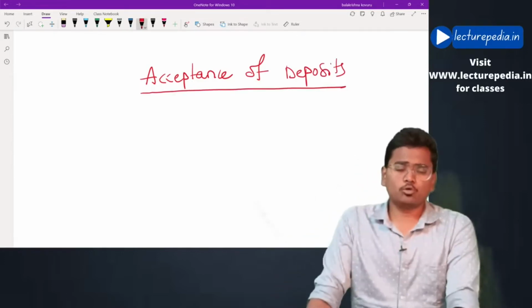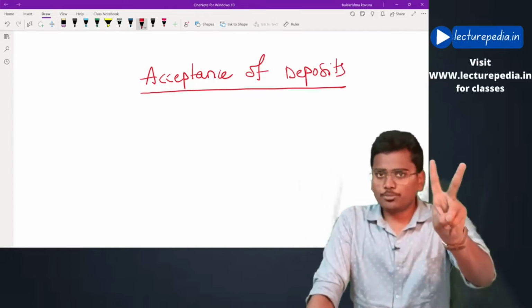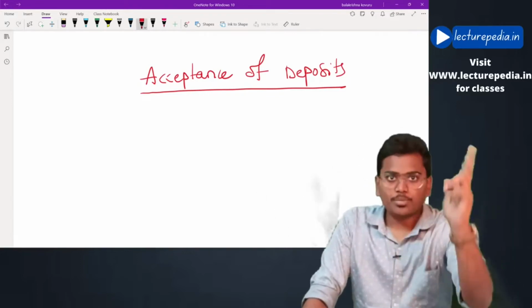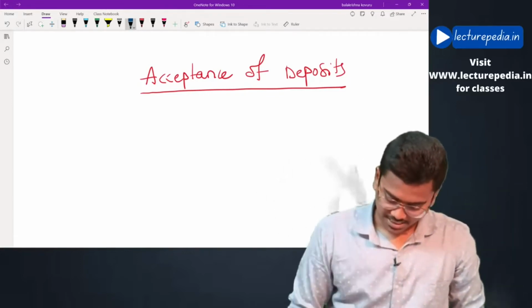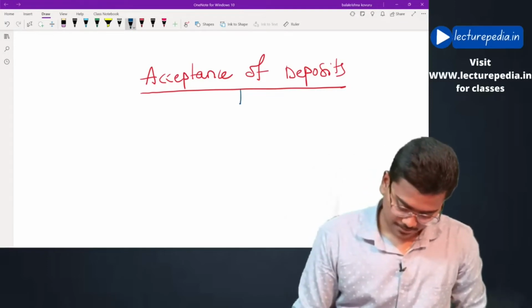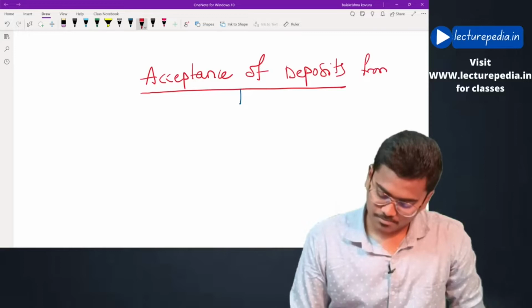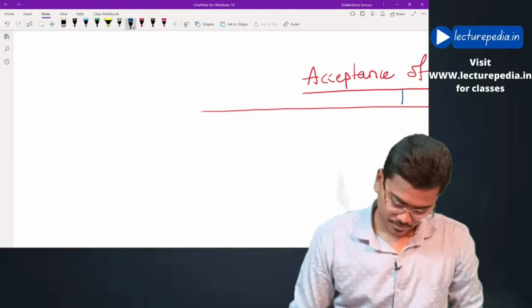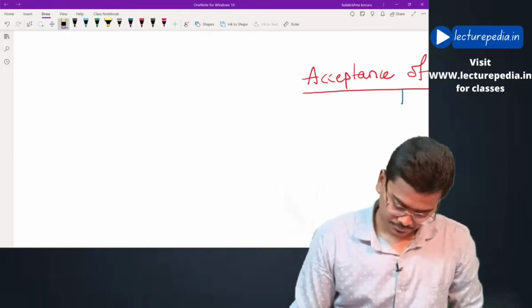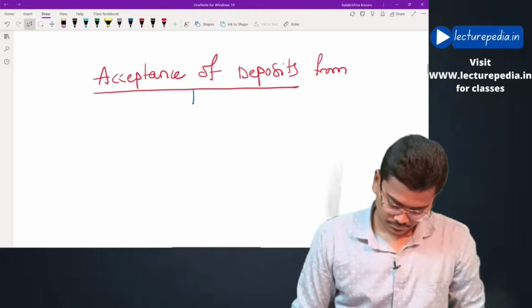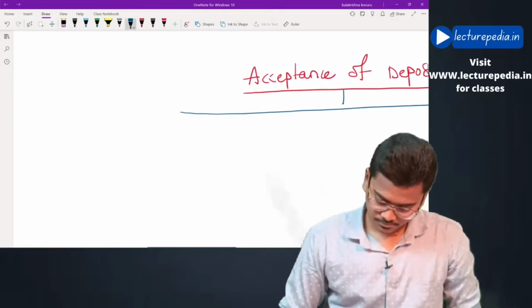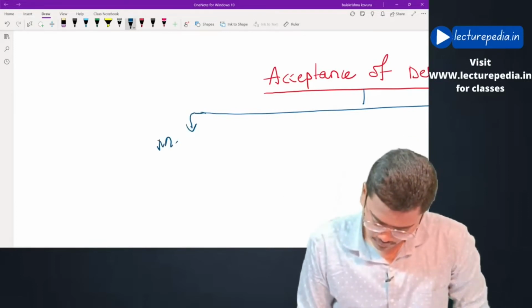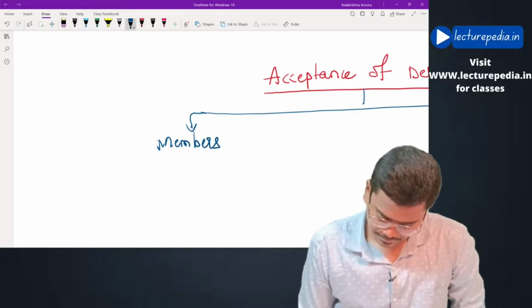Tell me, from whom can deposits be accepted? From two kinds of people deposits can be accepted. One is members, one is public. Same I will be writing. Acceptance of deposits from members.